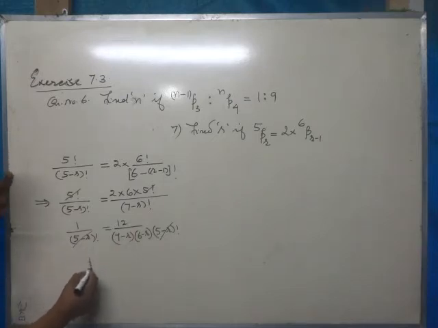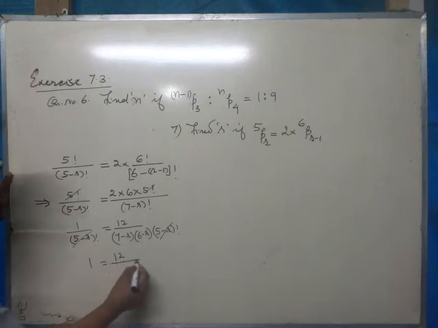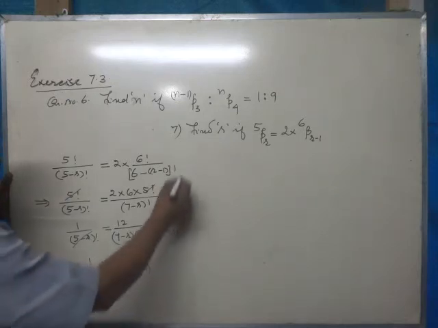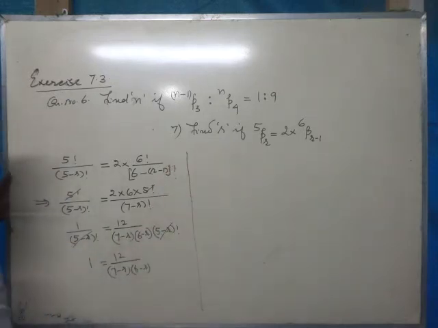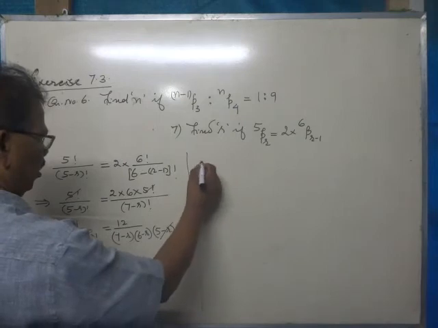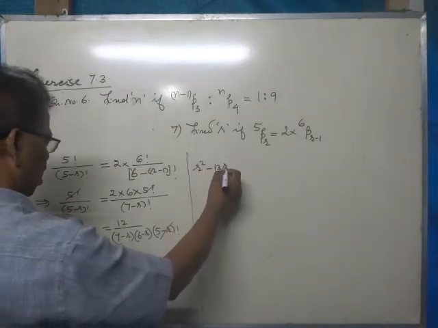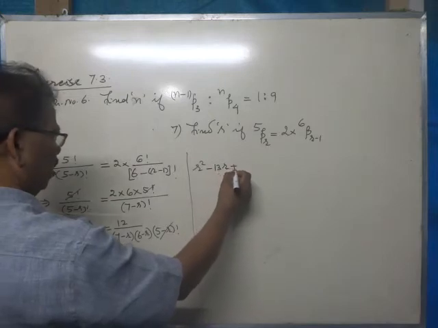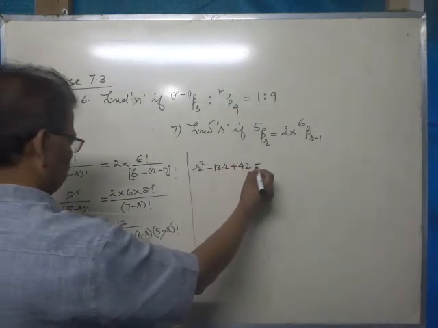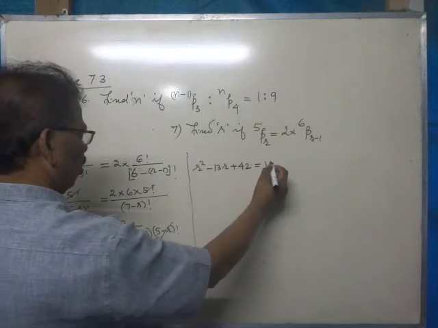Therefore, 1 is equal to 12 by (7−r) into (6−r). That is to say, r² minus 13r plus 42 is equal to 12.